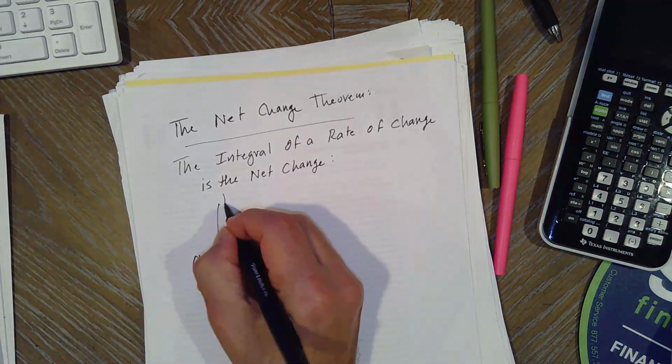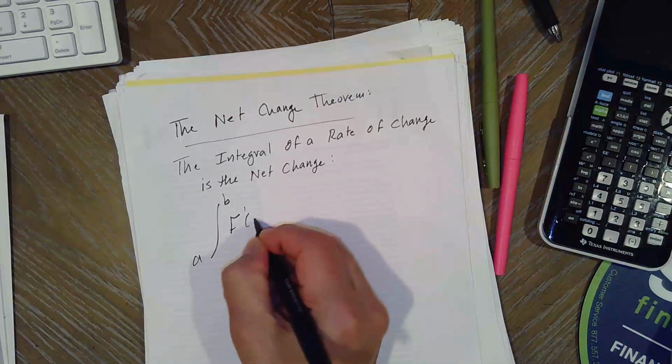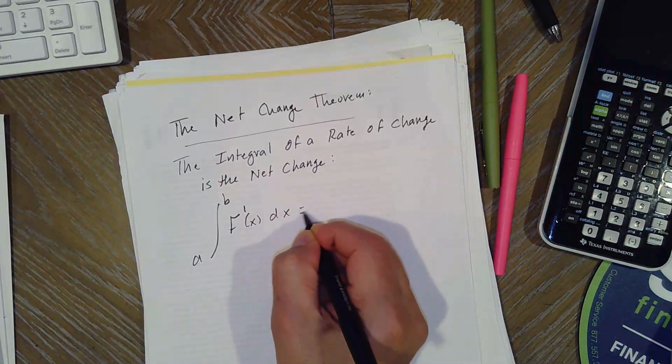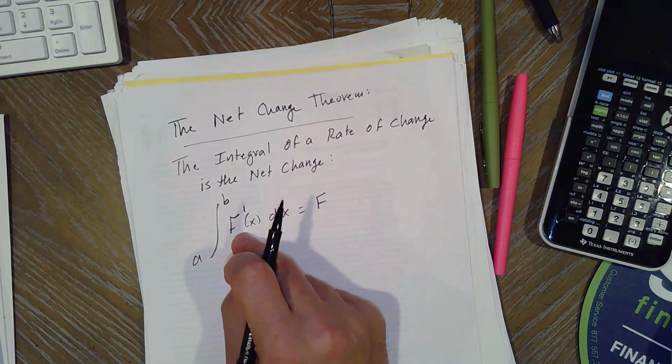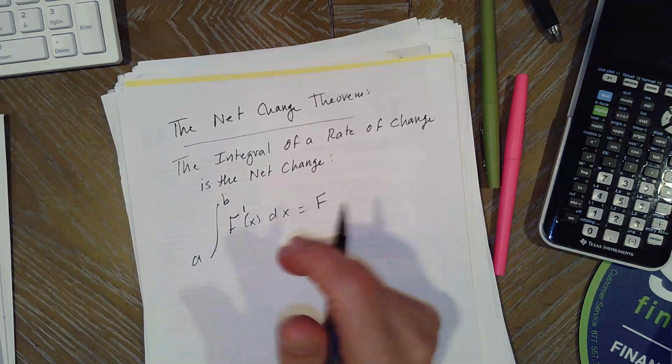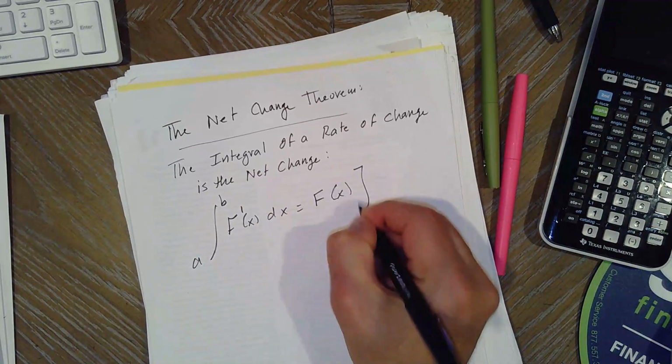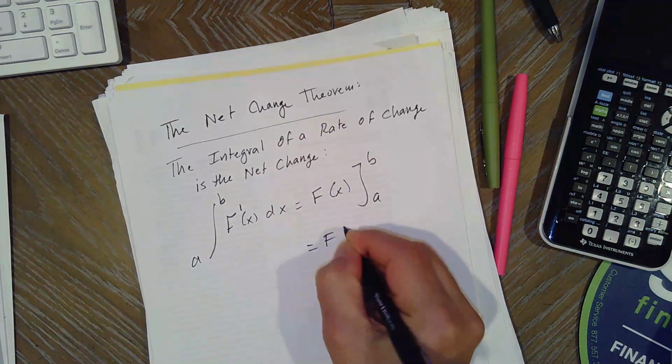So the integral from a to b of f prime of x dx: remember the fundamental theorem of calculus said you find an antiderivative, which is going to be f of x, you plug in the upper limit and subtract the lower limit, and that gives you the net change.